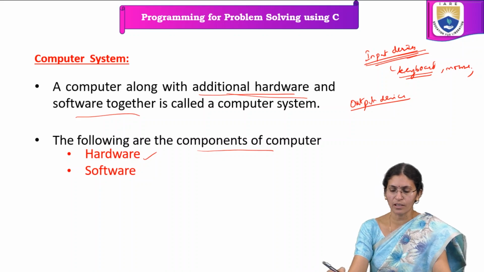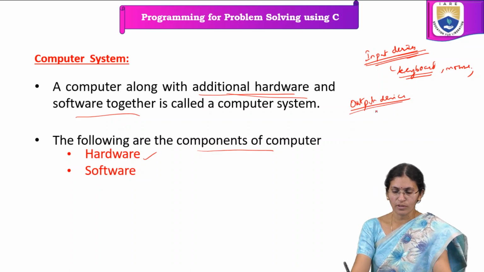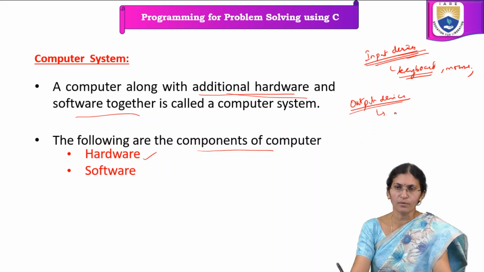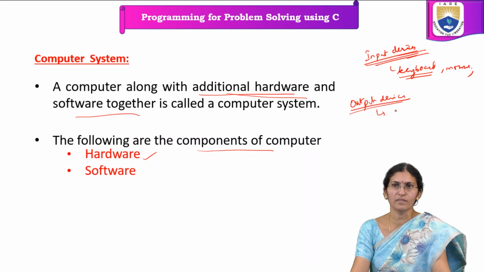That is done with the help of output devices. We have a number of output devices, like the computer screen, which acts as an output device. Whatever processing is done, the results or output is displayed on the screen. Monitor or screen is the output device. Next, printer is another output device.